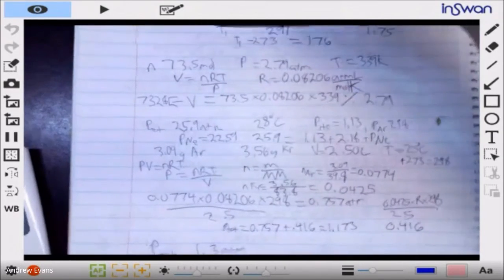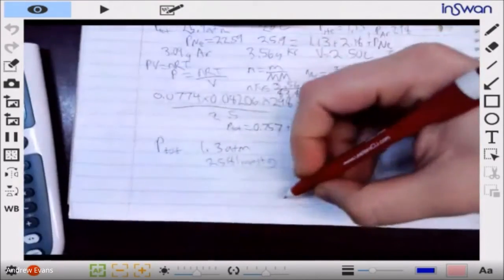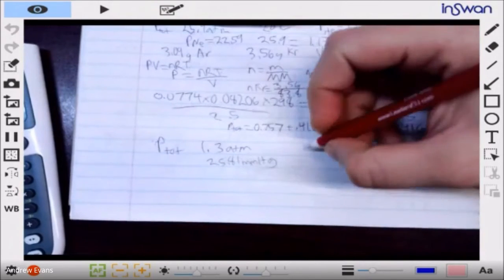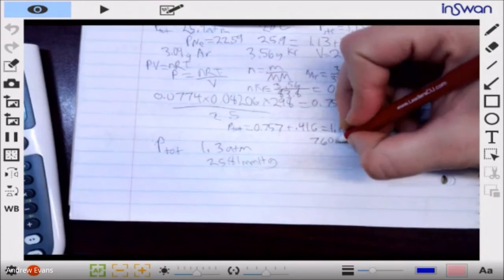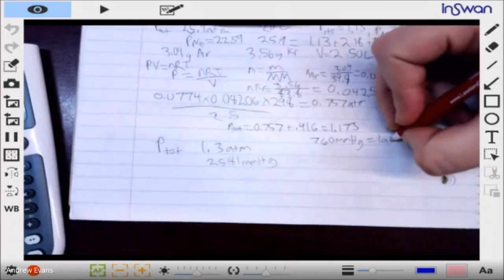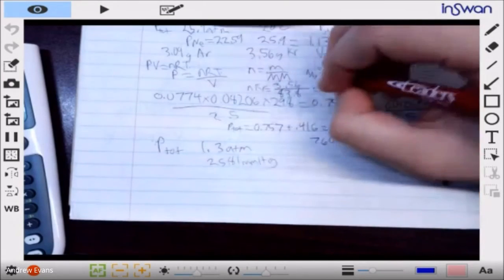If I said the total pressure P total was 1.3 ATM, and the 25.81 millimeters of mercury would still hold true, what you would have to do in that case is convert the 25.81 into atmospheres, or convert the atmospheres into millimeters of mercury. Either way, the conversion is going to be 760 millimeters of mercury per 1 ATM. So whichever one you convert, depends on the units of the answer.